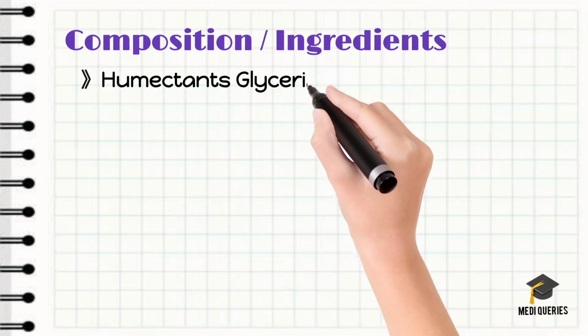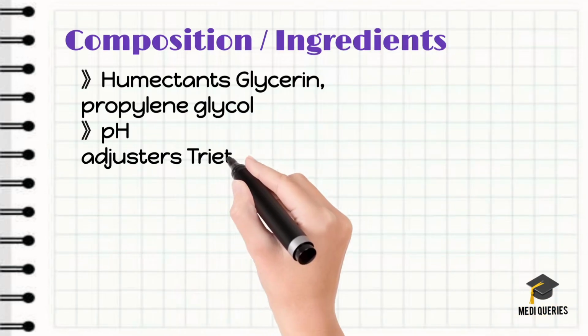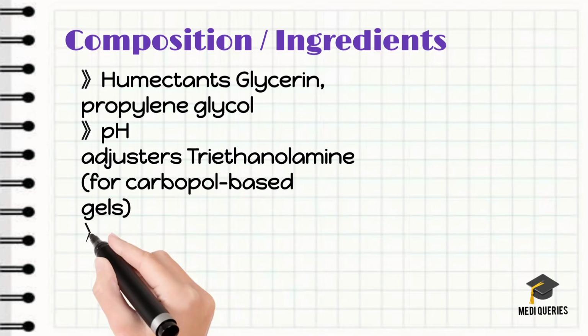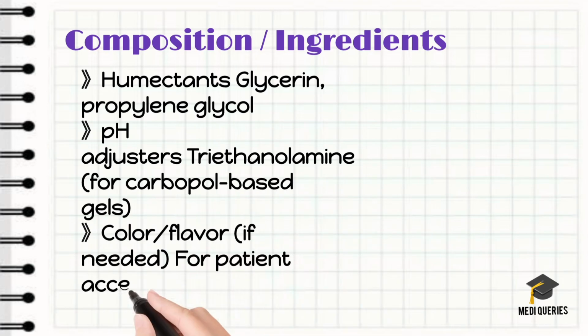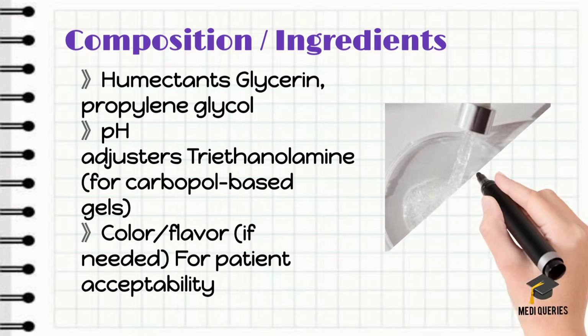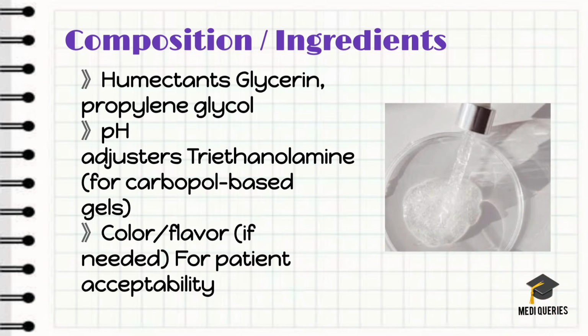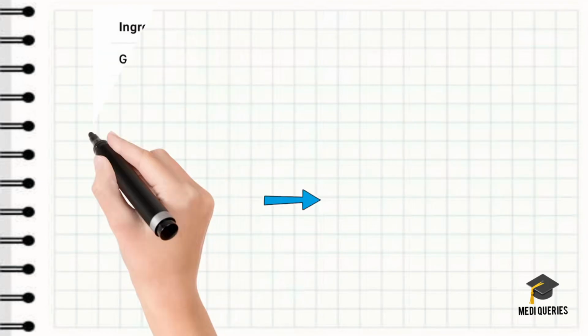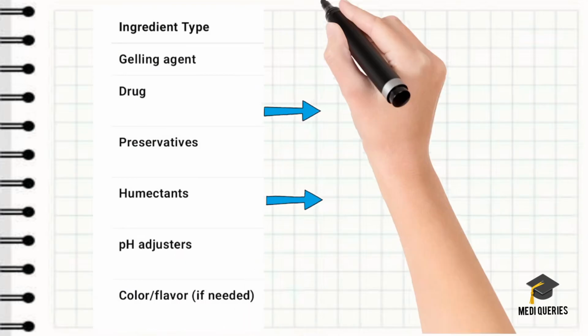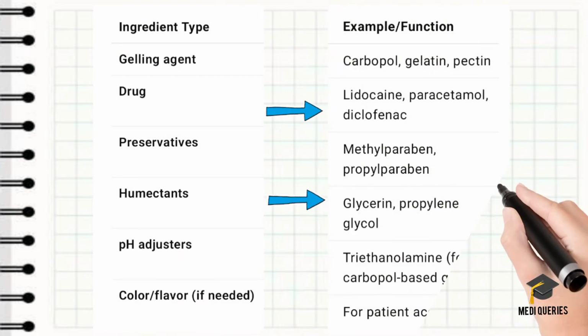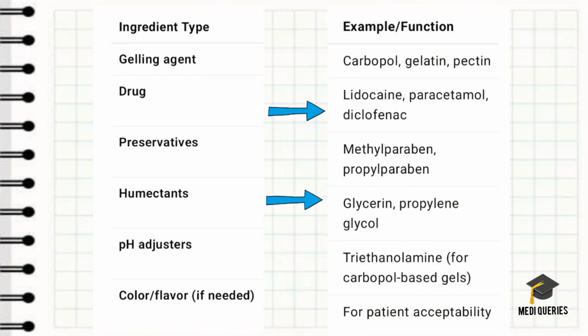Sometimes buffers or pH adjusters are also used to maintain the pH that ensures both the stability of the drug and comfort on application. The interaction among all these components must be carefully controlled to ensure homogeneity, efficacy and safety. So this is simply the composition of jellies.